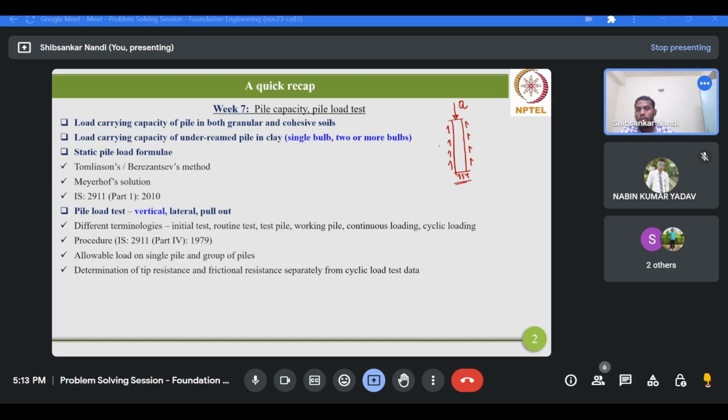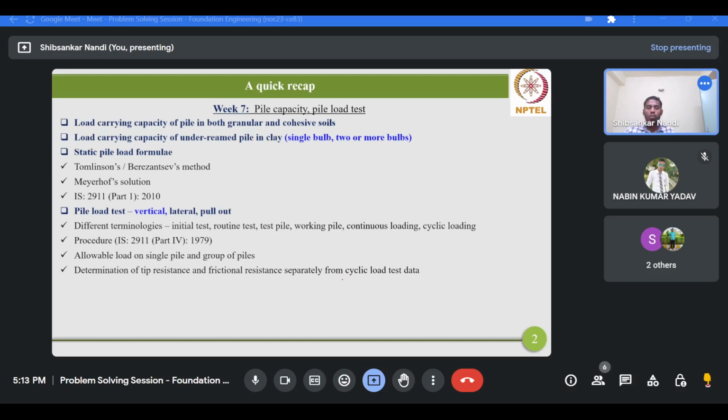And I hope our sir explained this part very clearly. If you go through the lecture content, you can again get an idea about the determination of tip resistance and frictional resistance from cyclic pile load test data.